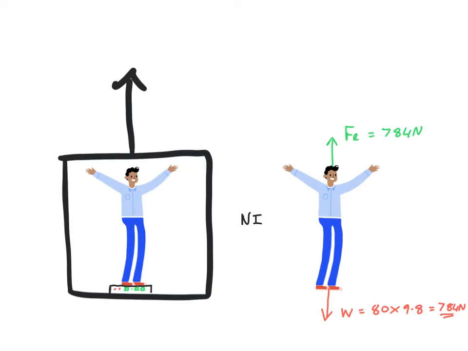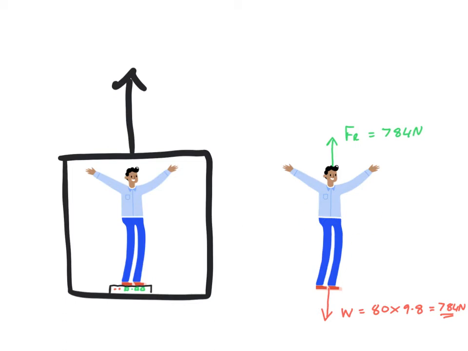So the forces acting on him are balanced. His weight pulling him down causes him to exert a force onto the scales, and then the reaction force to that is the scales push on him. So that's this force here. If we can separate out the Newton's third law situation just now, because that makes things a bit more complicated, and just focus on what's happening to the guy in the lift.